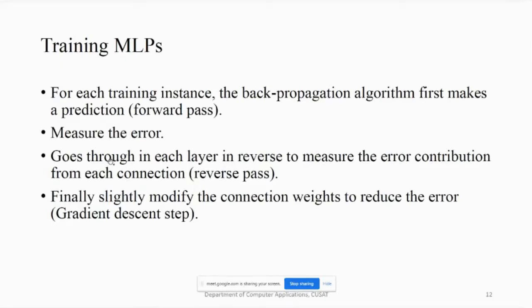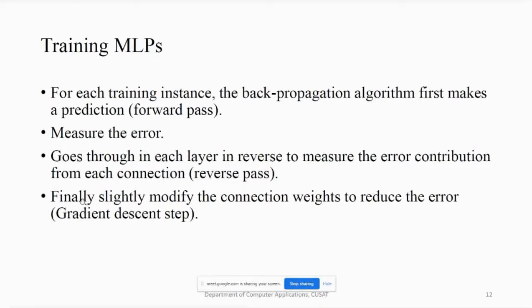That is, we can measure the error, then go through each layer in reverse to measure the error contribution from each connection. That means in each hidden layer, by considering this error, we can compute the total error contribution in each hidden layer, and finally slightly modify the connection weights to reduce the error. To reduce the error means in the next pass, we actually modify the weight values, and for modifying these weight values, we use the gradient descent method.